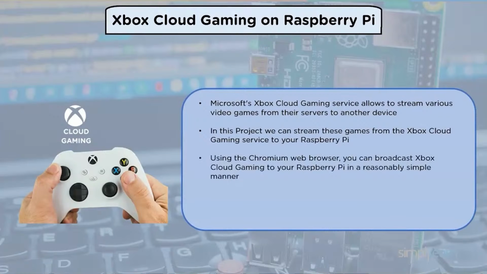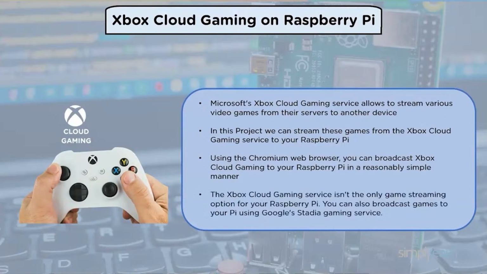Using the Chromium web browser, you can broadcast Xbox Cloud Gaming to your Raspberry Pi in a reasonably simple manner. This project will even show you how to turn your Raspberry Pi into a pure Xbox Cloud Gaming machine. The Xbox Cloud Gaming service isn't the only game streaming option for your Raspberry Pi. You can also broadcast games to your Pi using Google's gaming service.